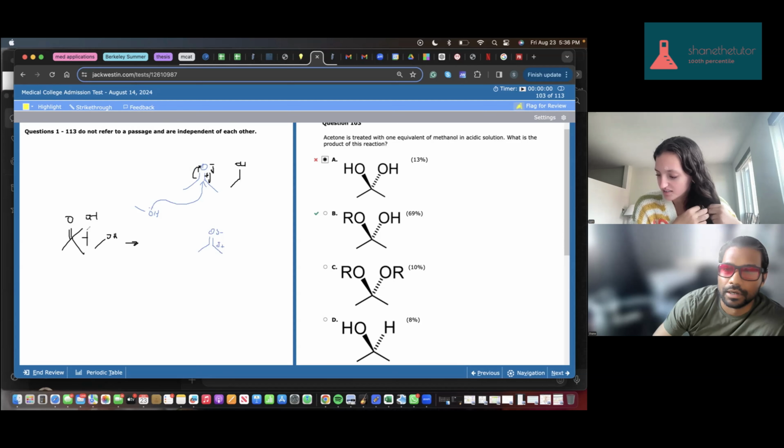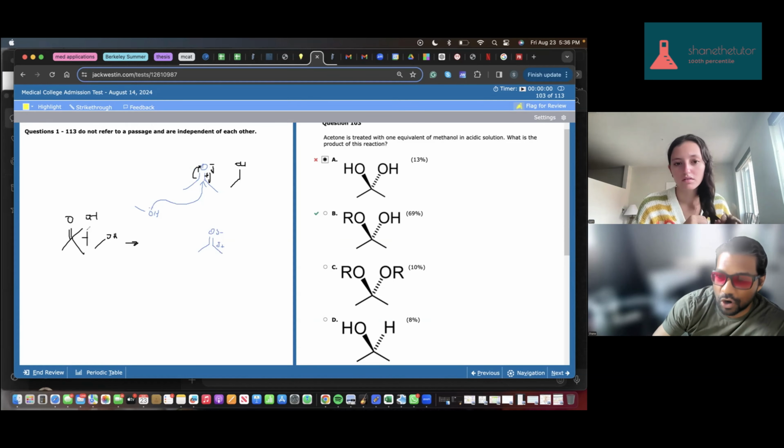So if it donates an electron pair to something that's partially positive, that should make it less partially positive. That's why it'll attack that.